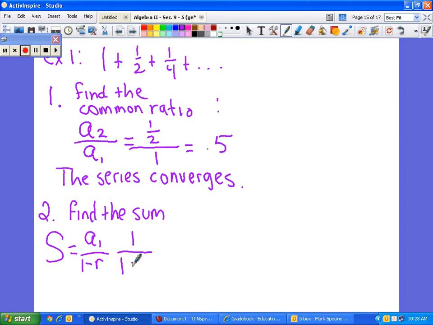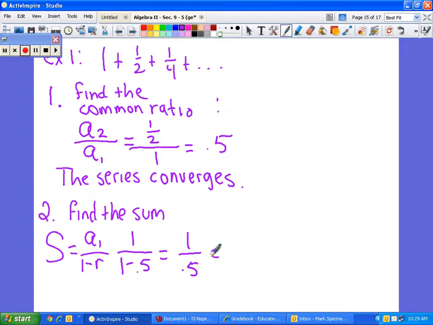So 1 minus 0.5. 1 minus 0.5 is 0.5. 1 divided by 0.5 is... no. If 0.5 divided by 1 is 0.5, Jillian, how could 1 divided by 0.5 also be 0.5?